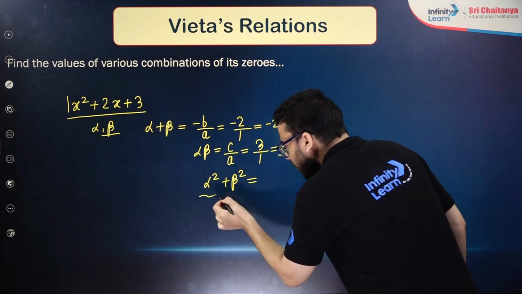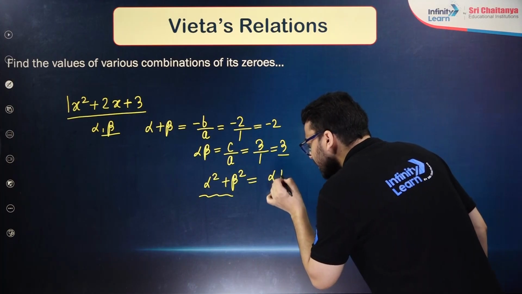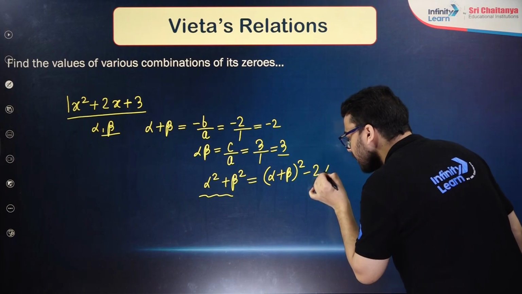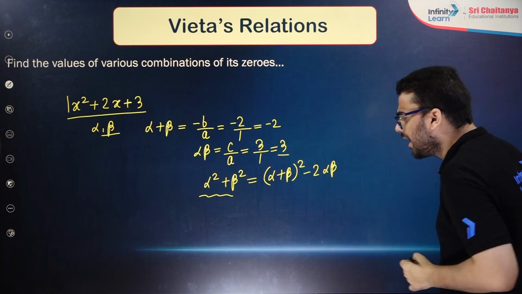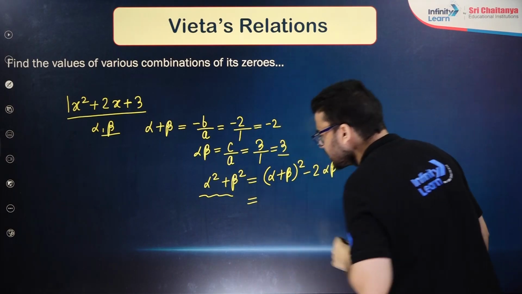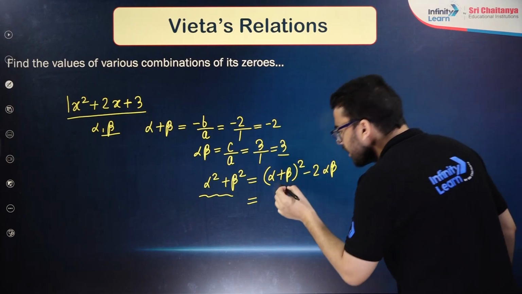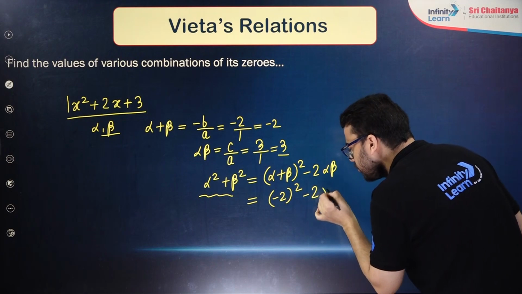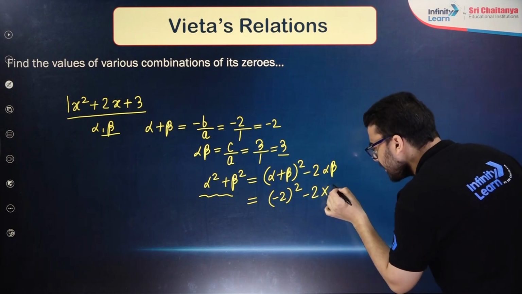So alpha square plus beta square can be easily written like this: alpha plus beta the whole square minus 2 alpha beta. This formula I did discuss many times. Now alpha plus beta we already know, that is minus 2 square minus 2 into alpha beta, which is 3.